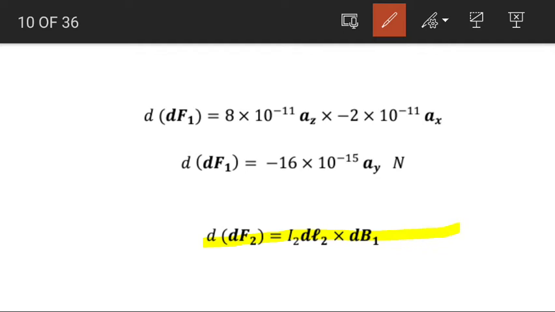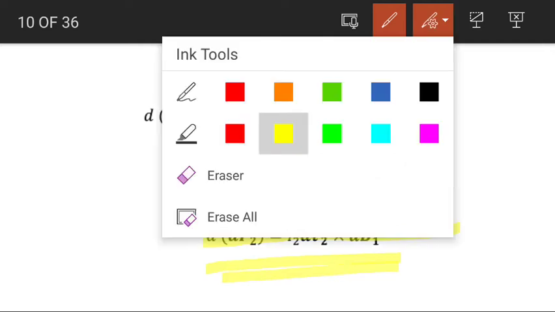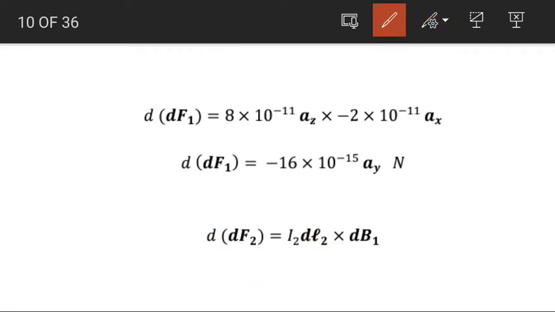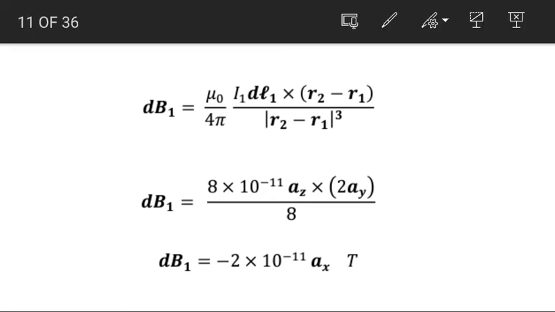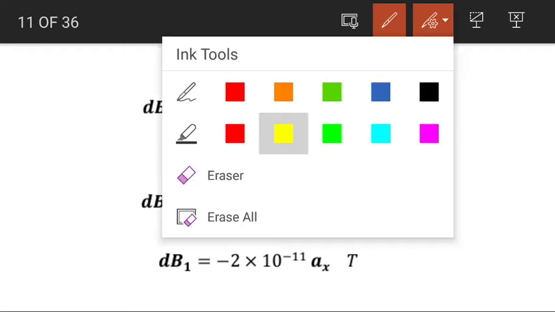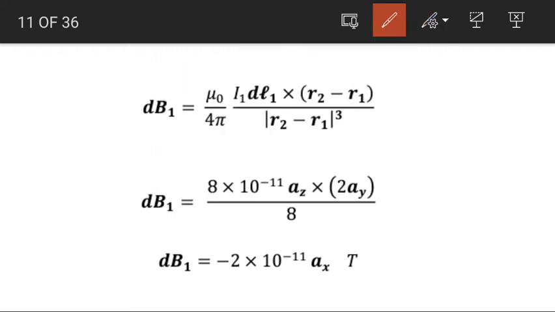We use this particular equation to find out the differential force on the second differential current element. Let us calculate dB1. We calculate dB1 with the help of this first equation, and then we put the values in the first equation.